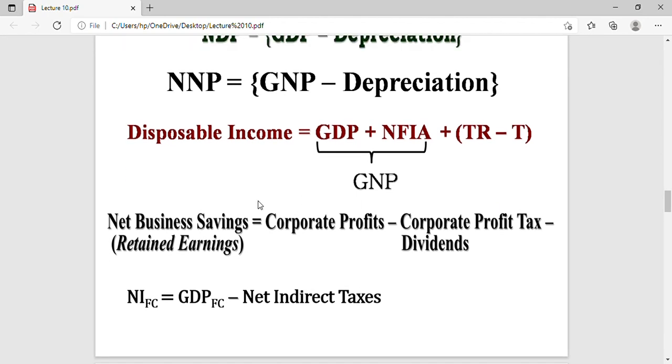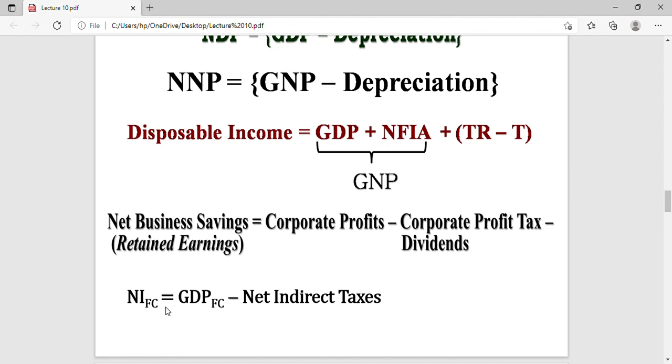And this disposable income is the sum of consumption and saving, or you can say total income minus the taxes. Net business saving, in business, we can say, is the corporate profit minus the corporate profit taxes and minus the share of the partners.